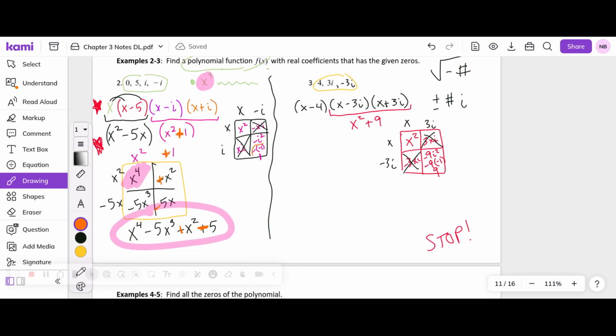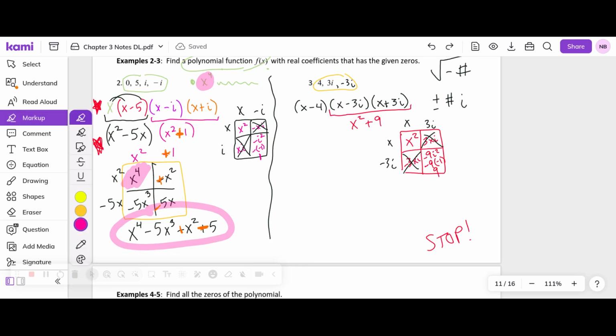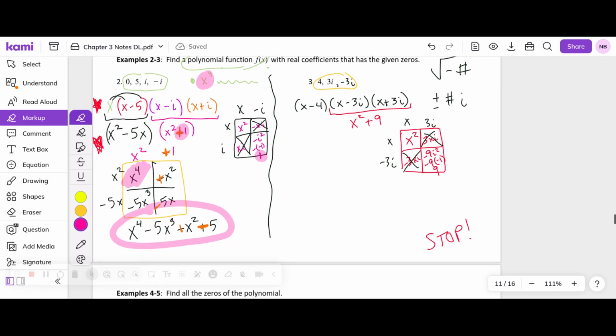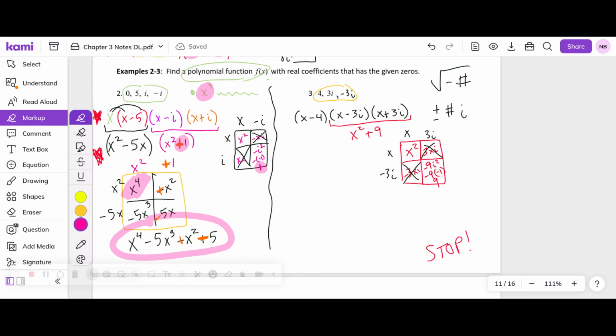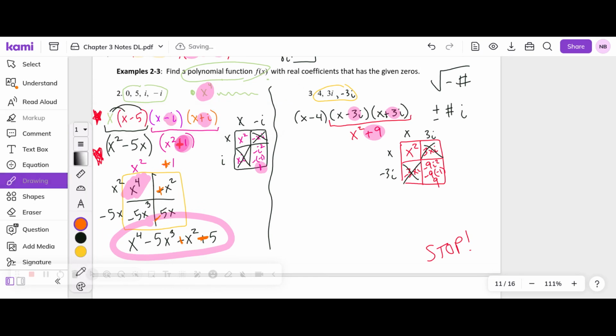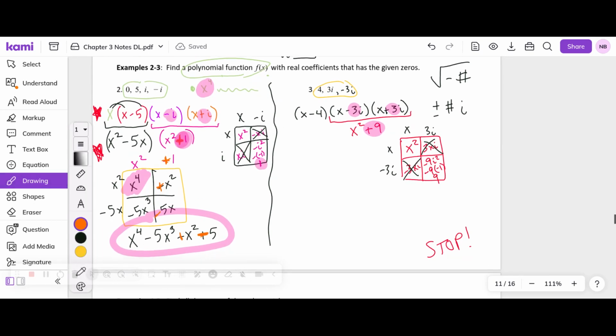This part right here, I copied it wrong when I wrote it up. I apologize. But what you'll notice is whatever you're trying to find the positive and negative of, it's going to become like 3 times 3 is 9 positive, 1 times 1 is 1 positive. If you don't understand what I just said, ignore me.